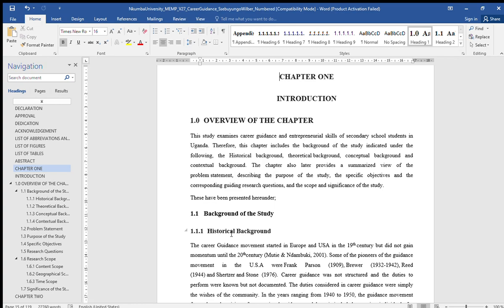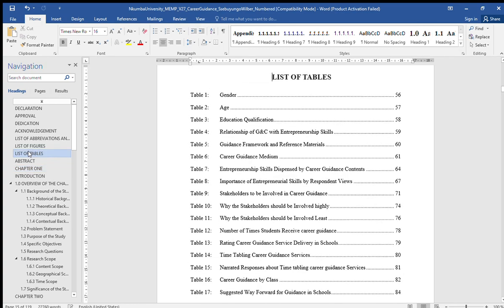That means that for you to develop a research proposal, you need to know its structure. I would like to take you through the structure of a research proposal, and then you will be able to see what is contained in there.